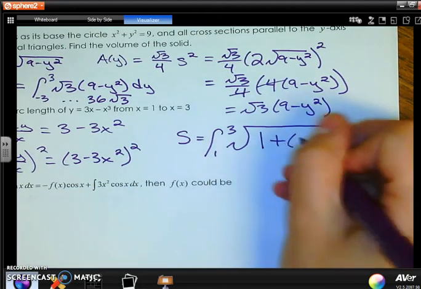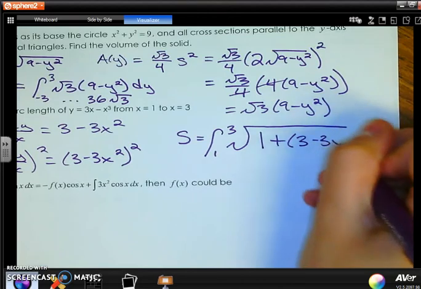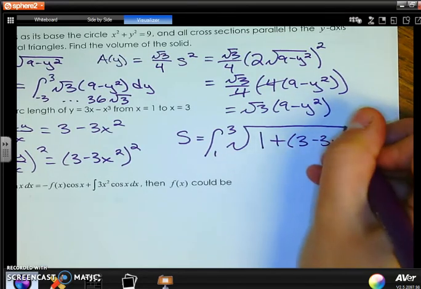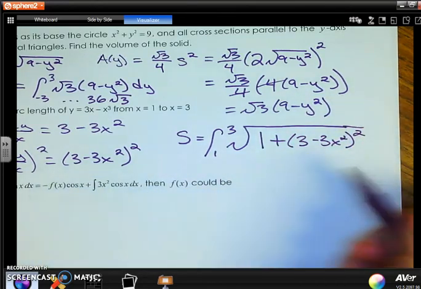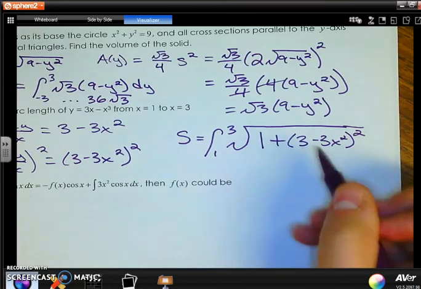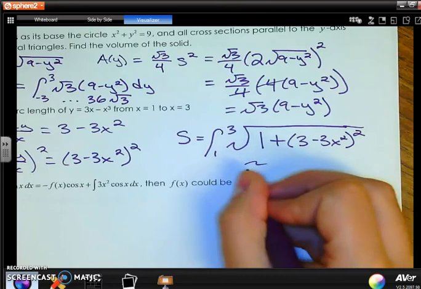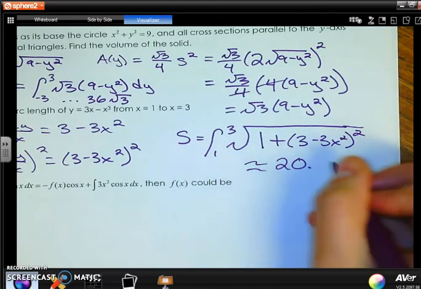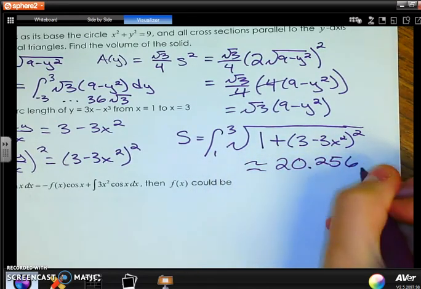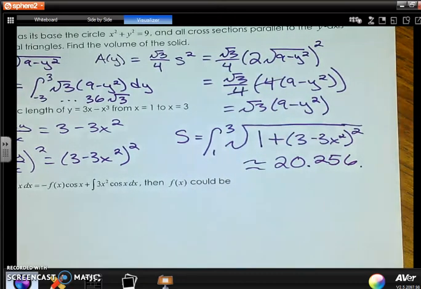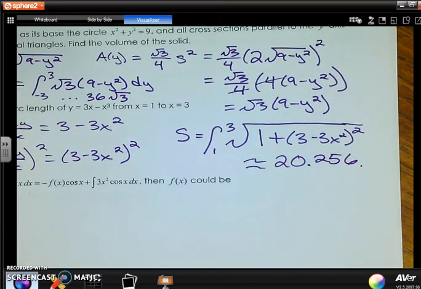So I'm just going to write it in there. And so if those numbers were nicer, you'd be able to figure it out, but that one's not really nice. And if this was a calculator question, obviously you could put that right into your calculator. But again, your retest is not a calculator one, so you would just have to do the setup there if it was kind of nasty like this. Okay, so hopefully that helps.